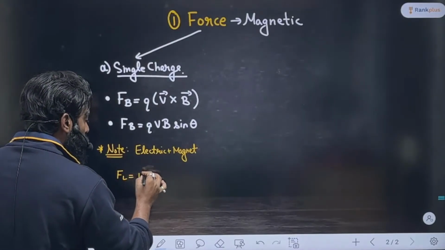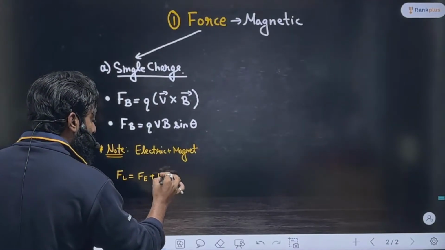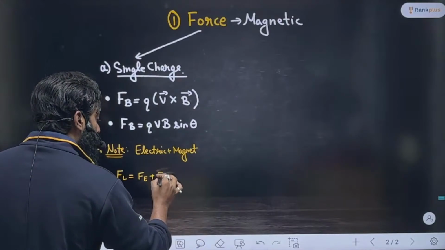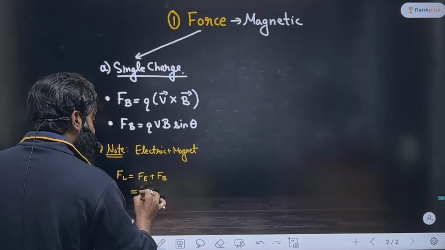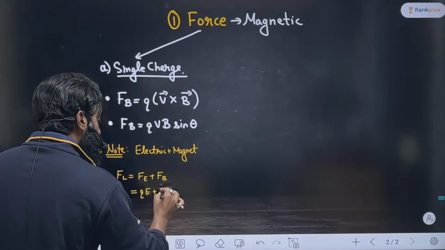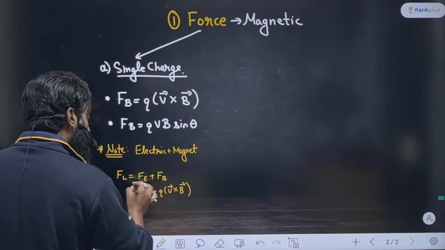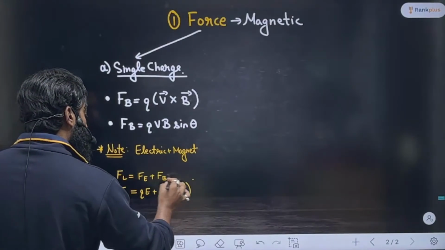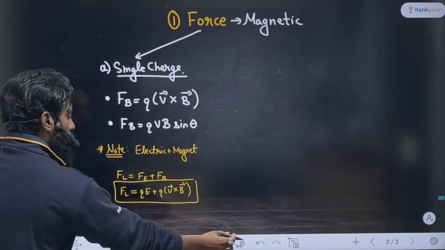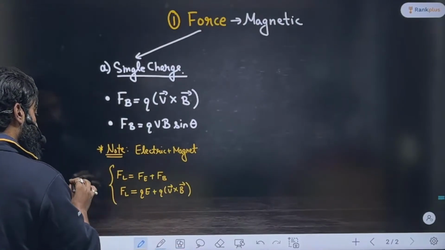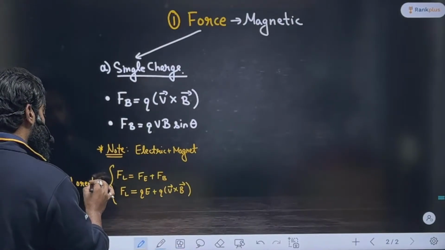That Lorentz force is basically a sum of electric and magnetic forces acting on the charged particle. So the electric force is QE and this is Q V cross B. So this will be my net force on a charged particle. This is known as Lorentz force.